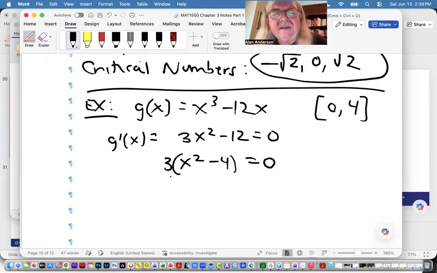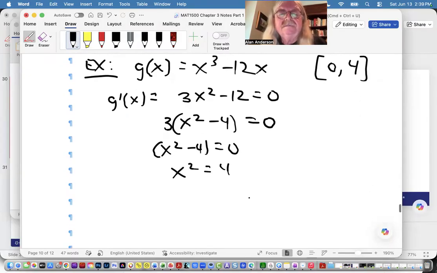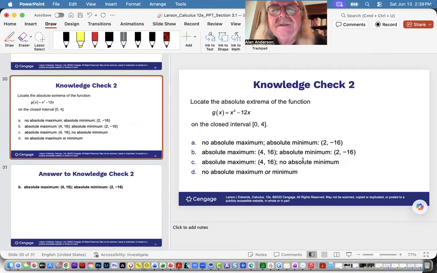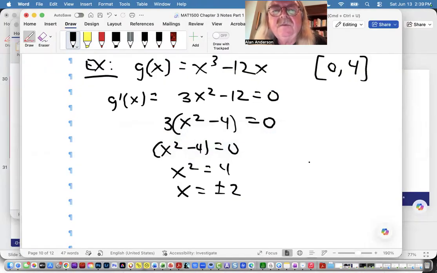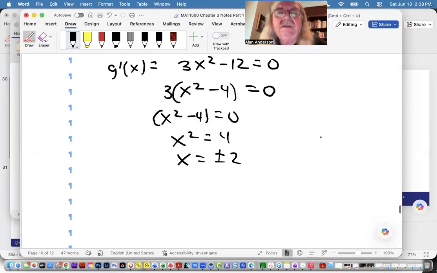So we can just drop out that 3. So we're going to wind up with plus and minus 2. And I think what they want us to do is evaluate it at these two critical numbers and the two endpoints.